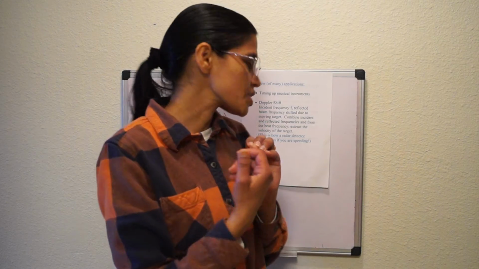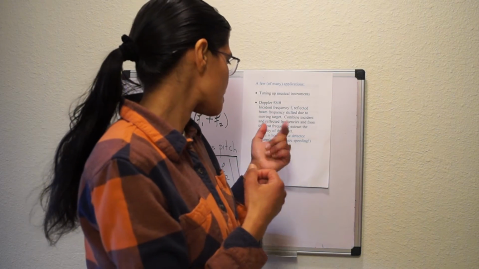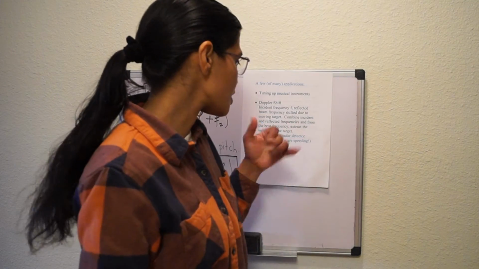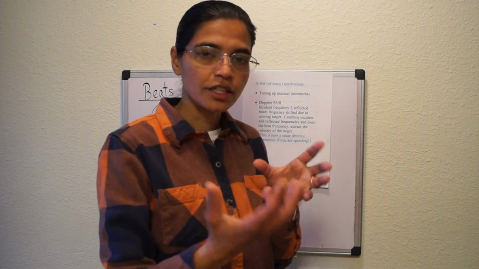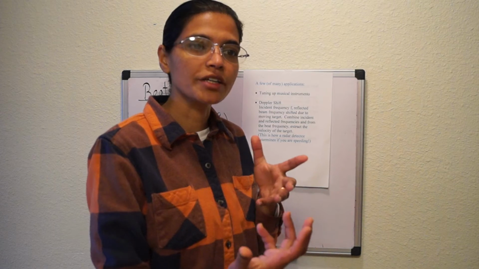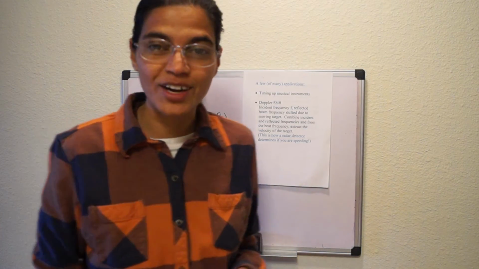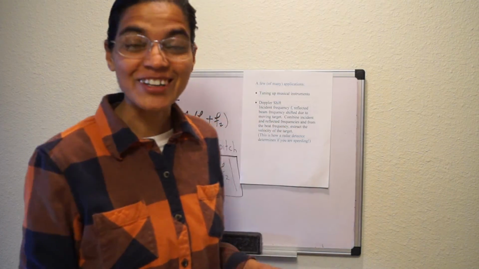So using this concept of beat frequency, really Doppler shift, the detector can calculate the speed of the moving target. Okay, so that's how the radar detector determines if you are speeding or not.